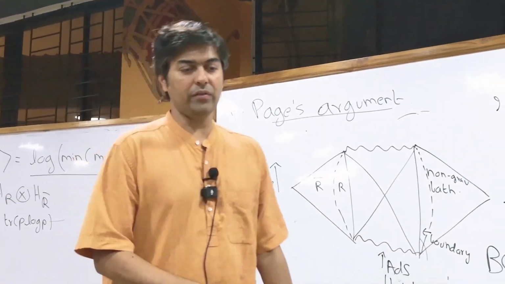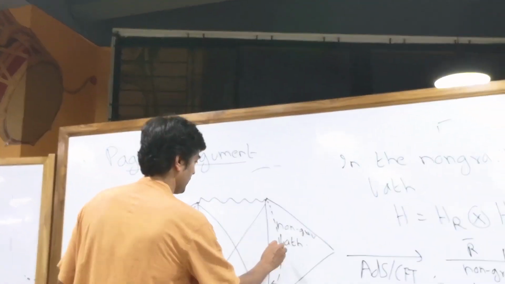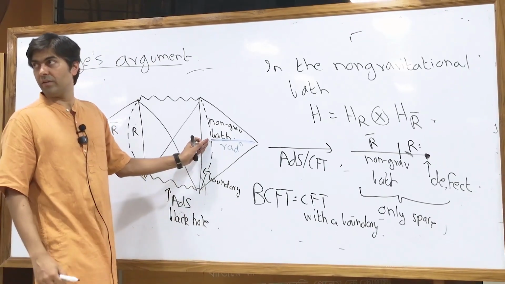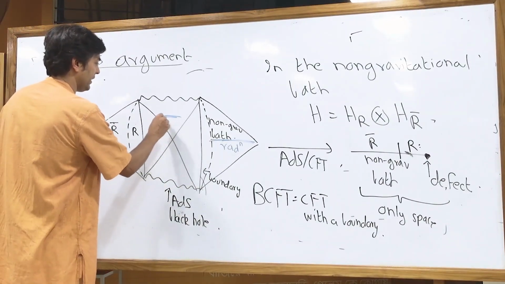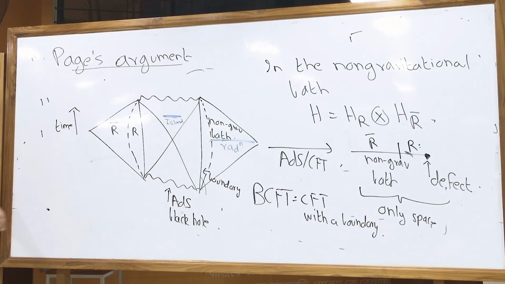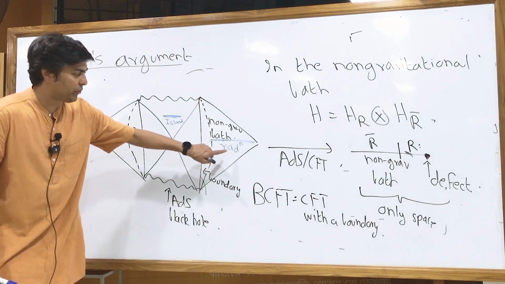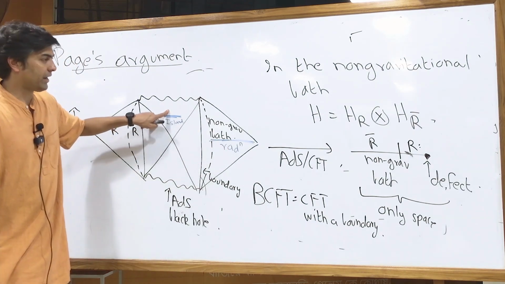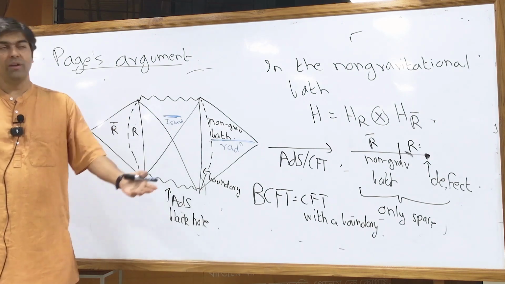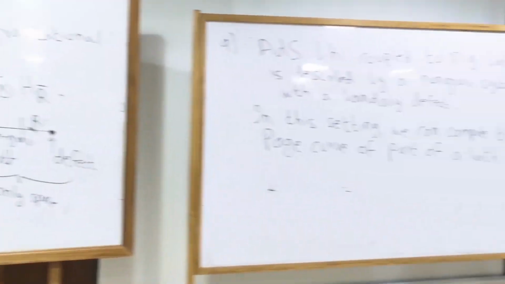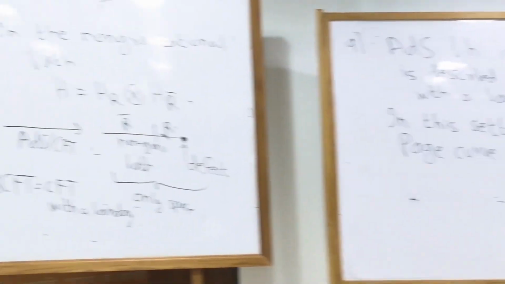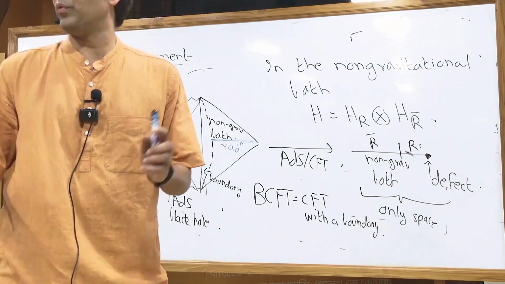So it turns out that degrees of freedom in this region, which is called the radiation region, which is some part of the non-gravitational bath, turn out to describe degrees of freedom in the interior of the black hole, which is called the island. So the statement is that the entanglement wedge of the radiation region turns out to describe degrees of freedom in the interior, which is called the island. I haven't explained what entanglement wedge is, but really it's like that kind of a formula. If the degrees of freedom here describe degrees of freedom here. So this calculation is completely correct. There's nothing wrong with this calculation.